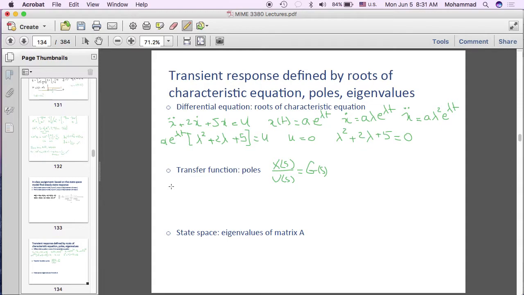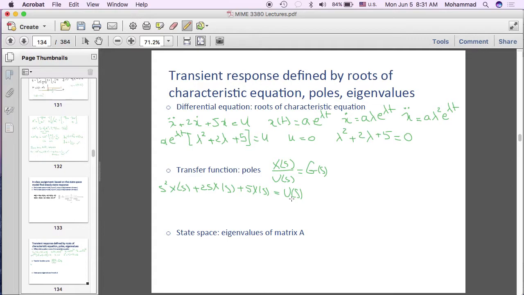So what do we do to find the transfer function? You take the differential equation, assume all initial conditions are equal to 0, and take it to the Laplace domain. So x double dot in the Laplace domain becomes s squared x of s, plus 2s x of s plus 5x of s equals u of s.